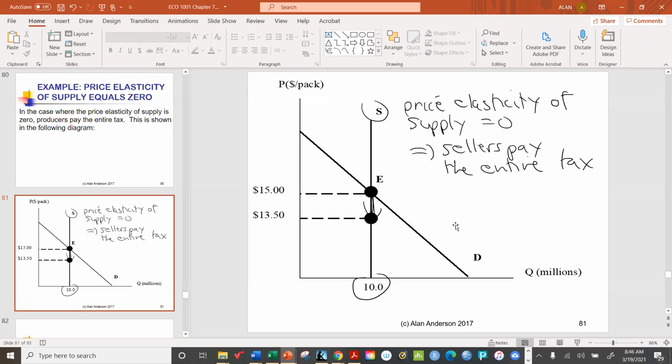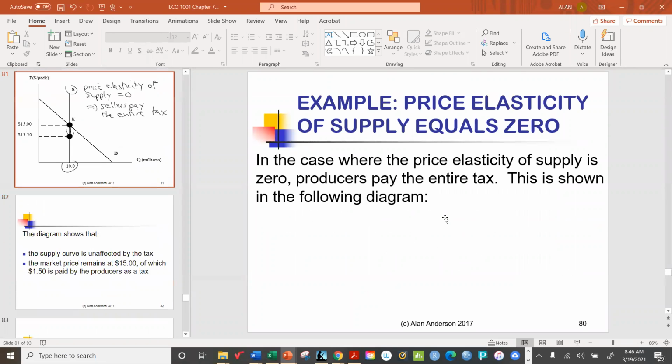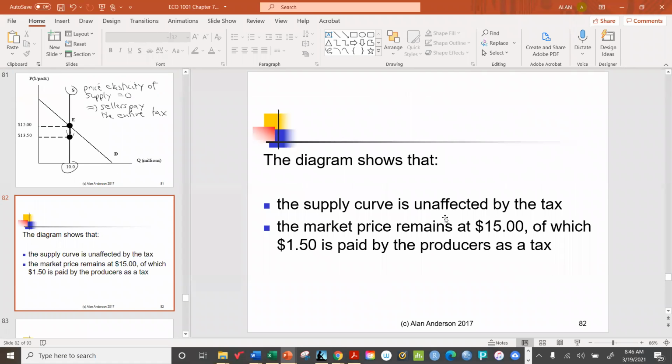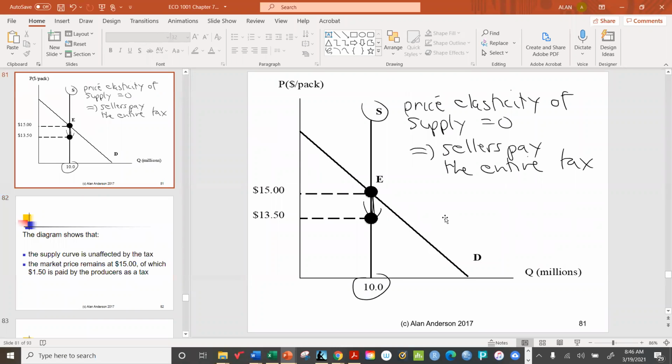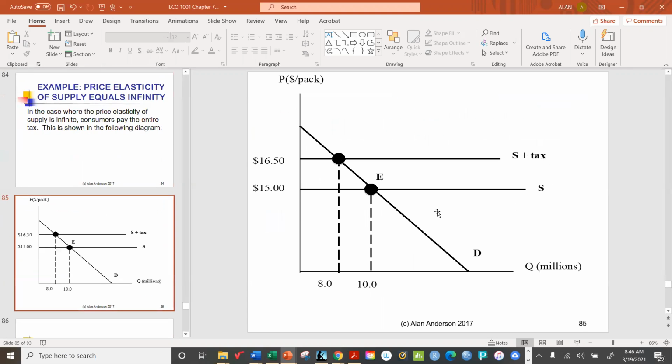All right. And then if we have a horizontal supply curve, the other extreme case, well, you can probably guess the exact opposite will happen. So when we show the horizontal supply curve, you'll see that the opposite will happen. Then the consumer will get stuck paying the whole thing. There it is.